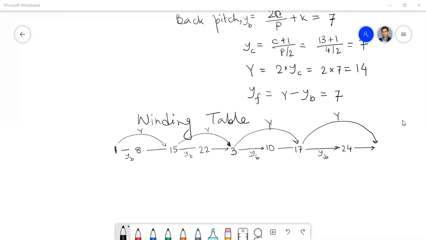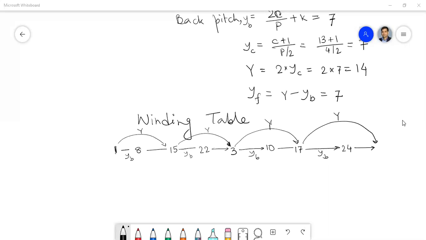So it will be 26 plus, then it will go to 5. 17 plus 14, then it means 26 coils, then it will go to 5. I couldn't understand what you are telling. 17 plus 14. Up to 26 it will count, then it will go to 5. So why is it 5?